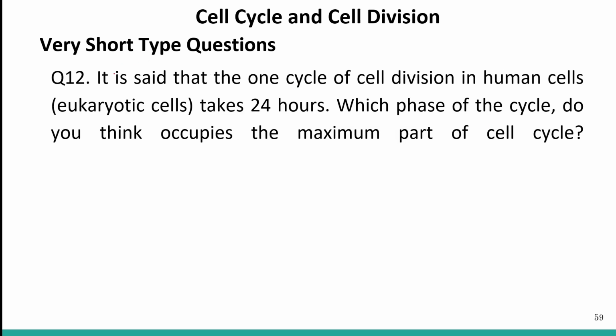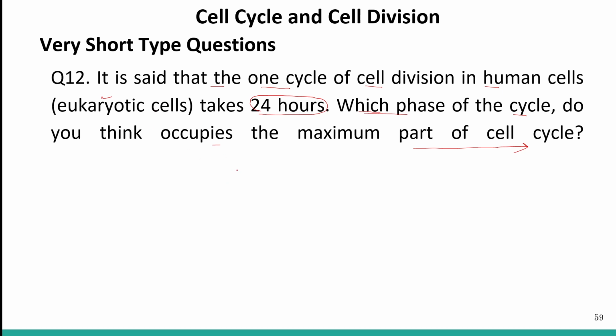Now the next question is, it is said that one cycle of cell division in humans or mammalian cells, which are eukaryotic cells, takes 24 hours. Now they are asking which phase of the cell cycle occupies the maximum part of the cell cycle? This question is very similar to the question that we have already discussed about the interphase.